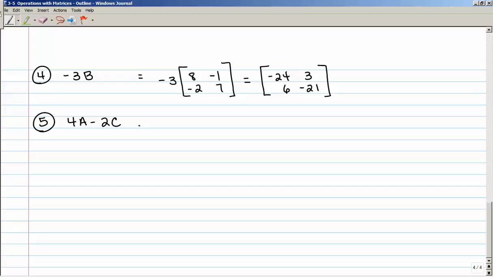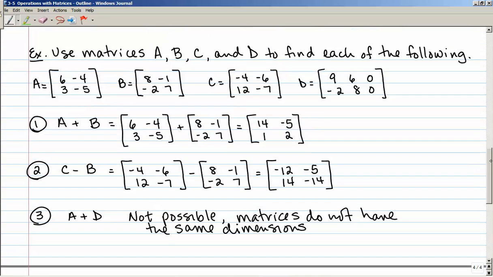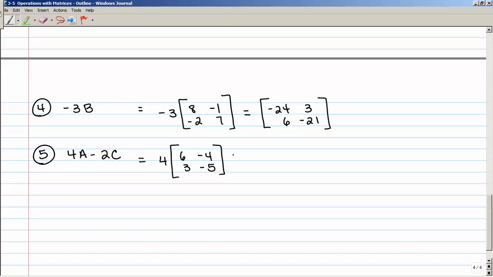And my last example here, I'm going to do 4 times matrix A, which is 6, -4, 3, -5. Let me check that real quick here. Okay, -2 times matrix C, -4, -6, 12, and -7.